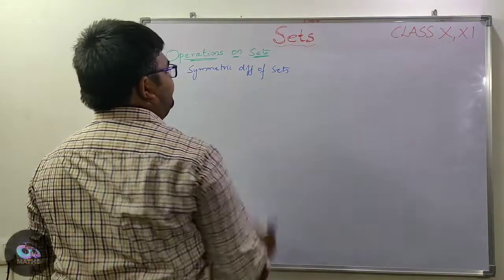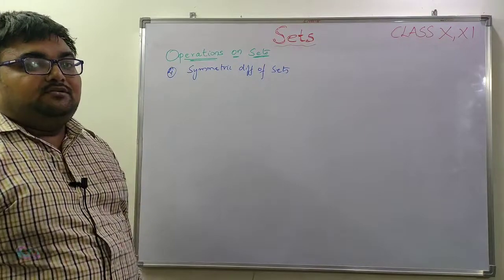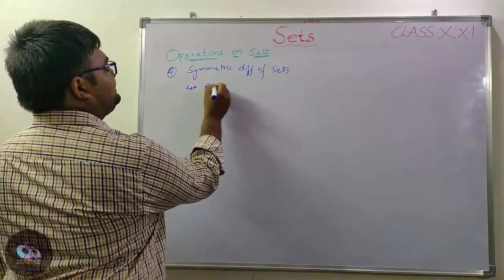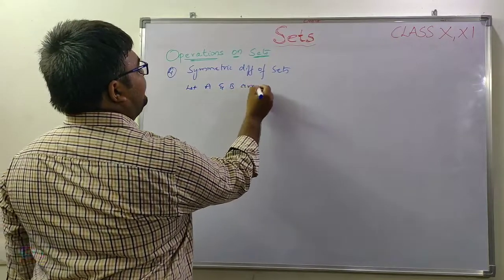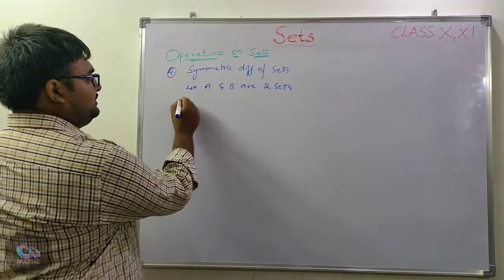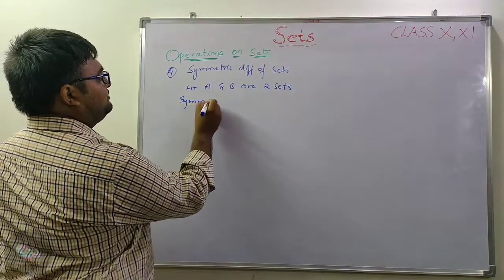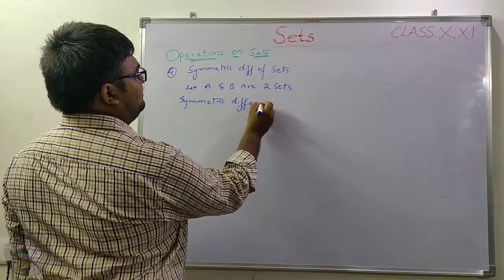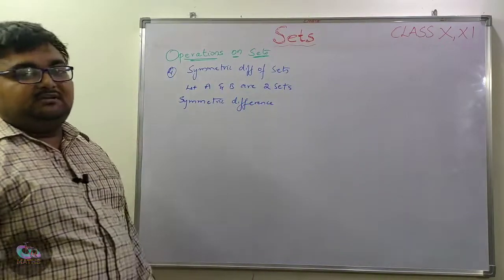Symmetric difference of sets. When you consider A and B as two sets, then for the symmetric difference, the name itself suggests the difference will be in symmetric form.